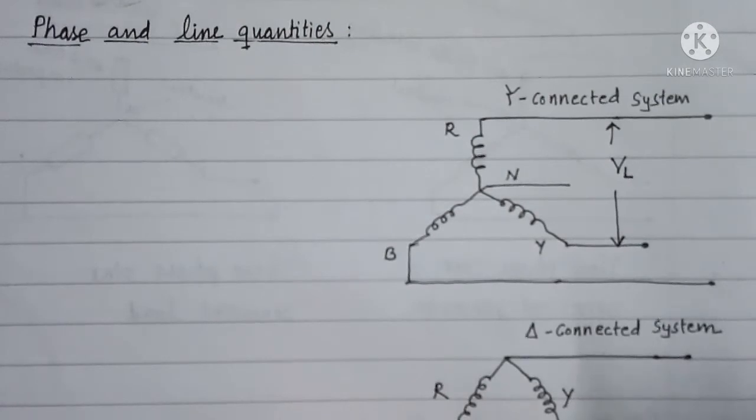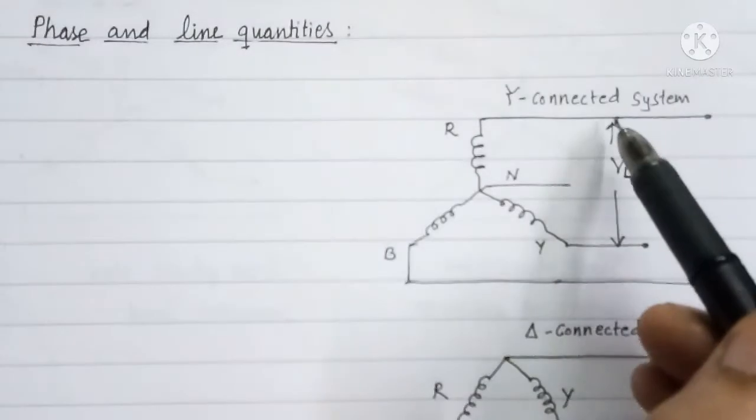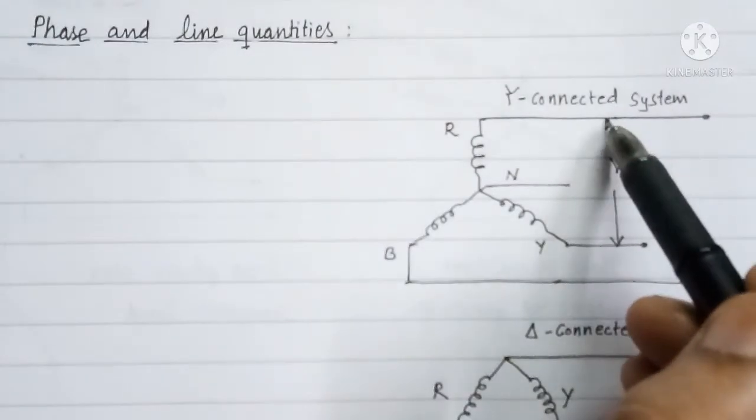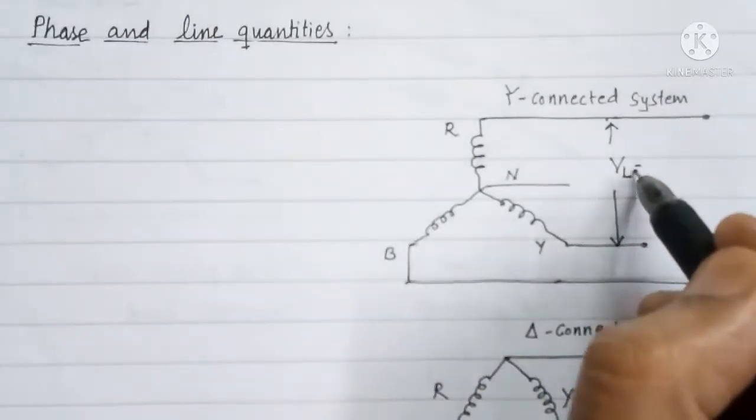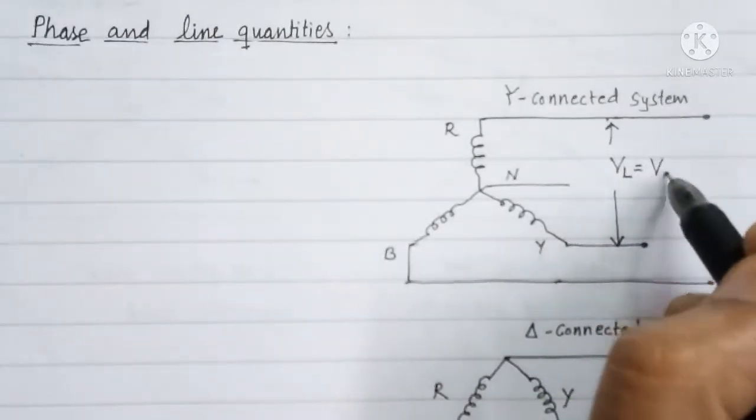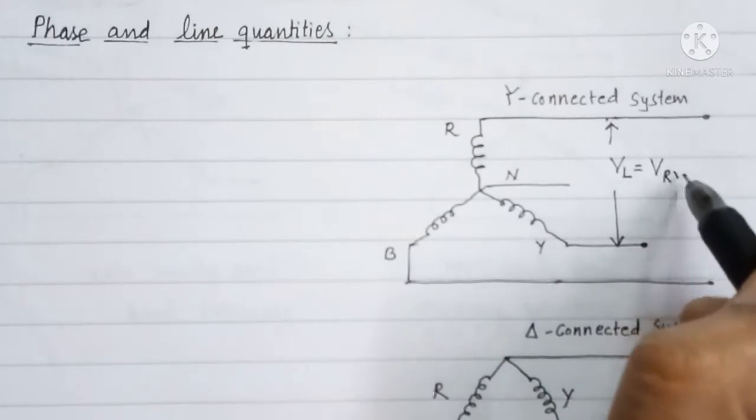If we measure here voltage between R line and Y line, then that line voltage VL is called as VRY.